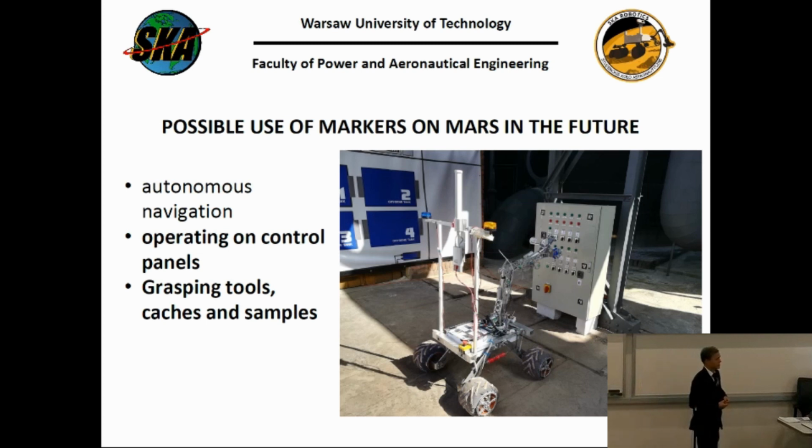And what is more, each switch could also be labeled with fiducial markers to enable a teleoperator or autonomous rover to manipulate them. And the third idea is that every tool, cache, or sample could be labeled with such markers to enable easy detection and recognition of such objects and to calculate the position and orientation relative to these objects.